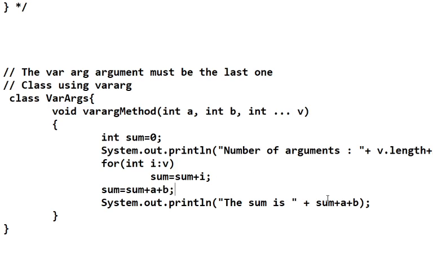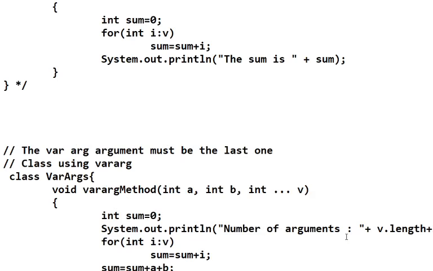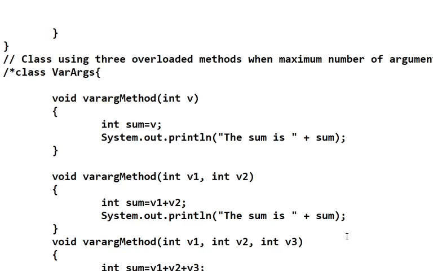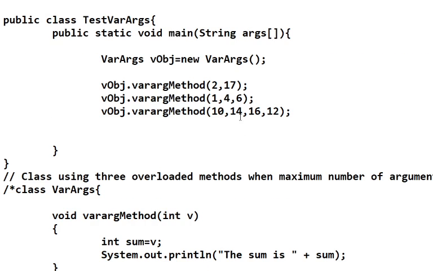Sum plus a plus b, and then finally it prints sum. So it was considering the values of a and b to be strings, and it was doing a concatenation, I think. I hope everything is fine. Save it. Let's run.